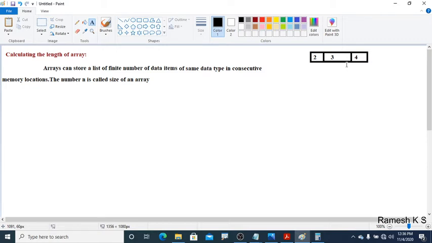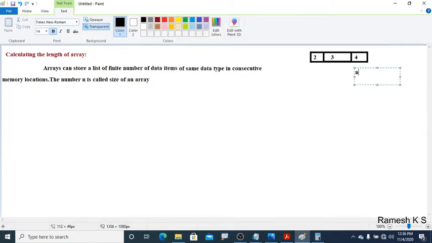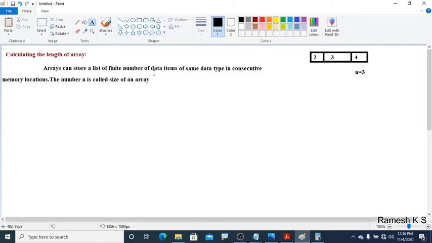Total 3 elements are there: 1, 2, 3. So what is the n value? N is 3, correct? The number n is the size of an array. The total number of elements present in the array is called the size of an array. N is 3 here. We can say size or length of an array.